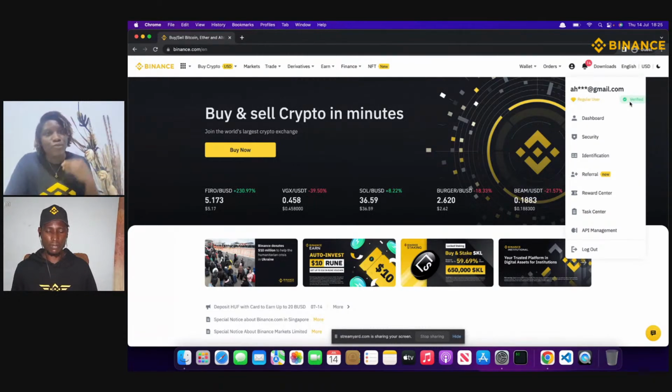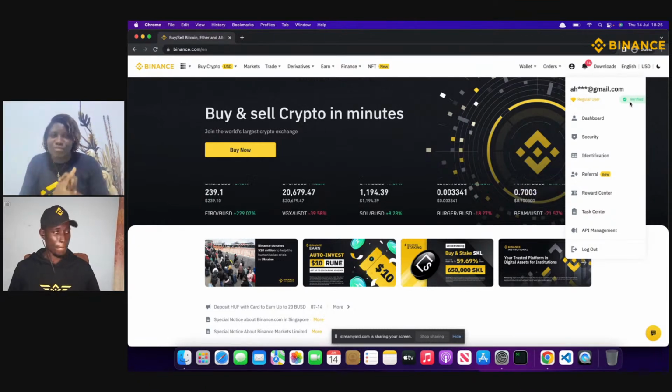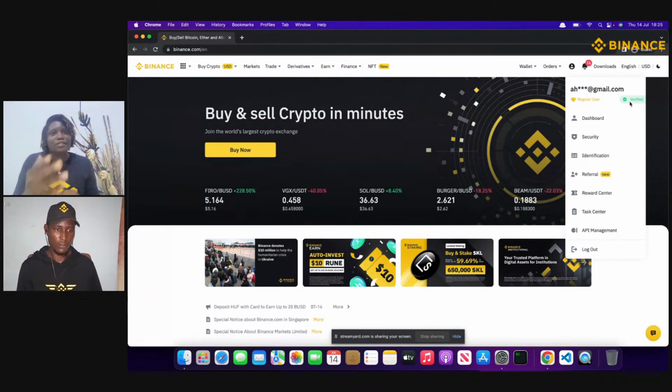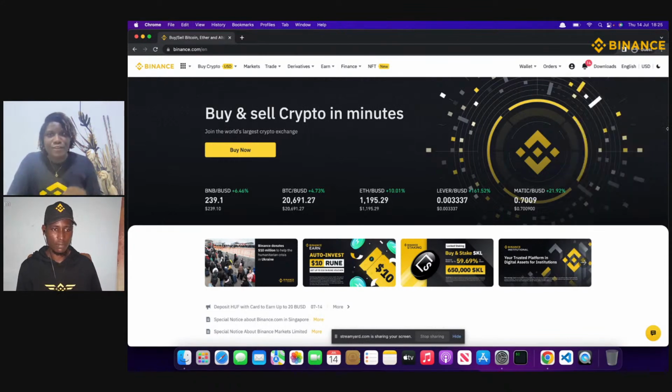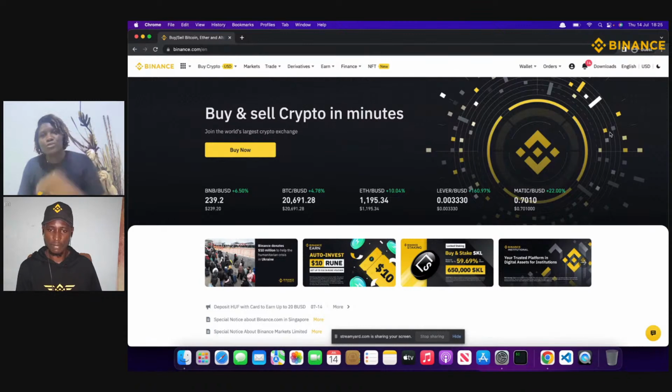Now you can go on and buy your first crypto. You can use your credit card, your debit card, the P2P system, or deposit fiat straight away using bank transfer, or you can deposit cryptocurrency. So I believe this helps us go through the entire onboarding system, and most importantly, our security: enable 2FA, go through the processes, and you can also use the anti-phishing code.